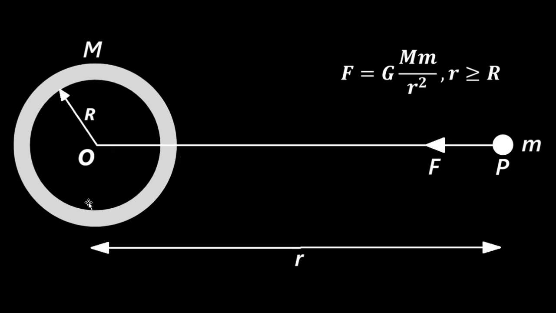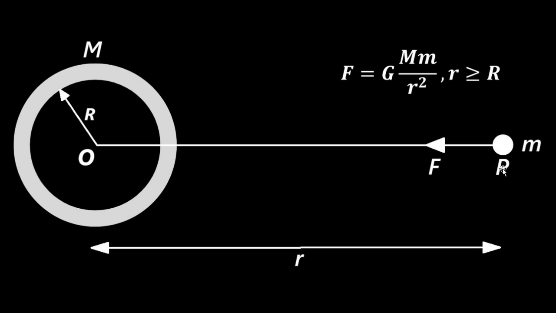We have a spherical shell of total mass capital M, of uniform mass distribution. The mass density is uniform, it is homogeneous. The point mass is at a distance r away from the center O of the spherical shell, at location P.